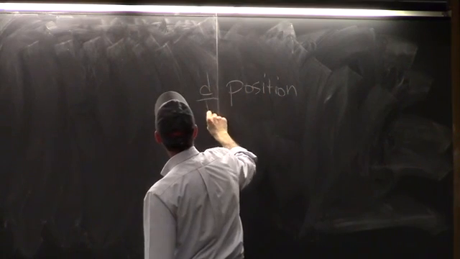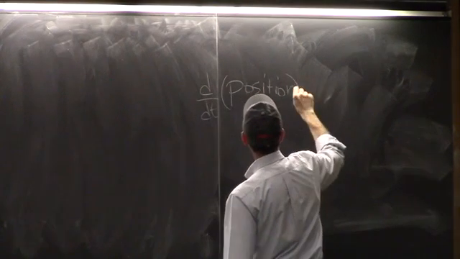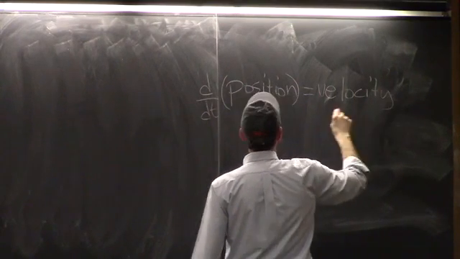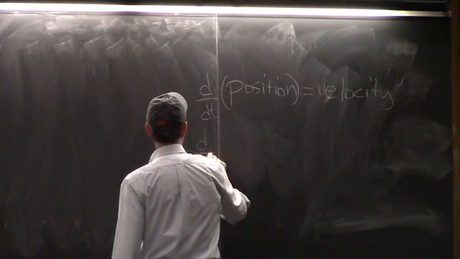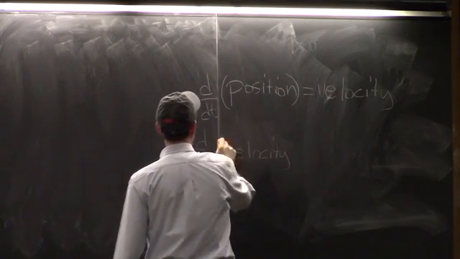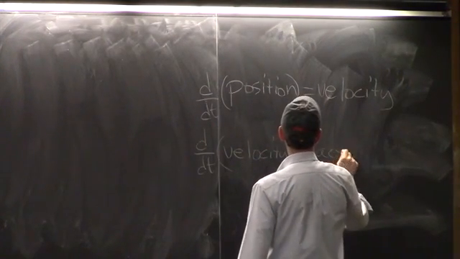So if you take the derivative, usually with respect to time, of position, you get velocity. And if you take the derivative of velocity, you get acceleration.